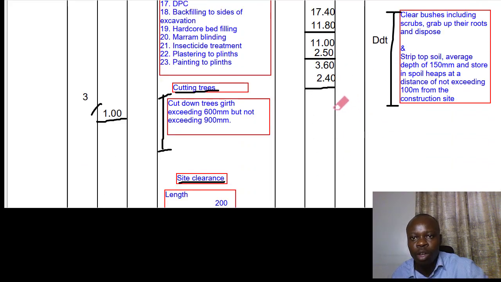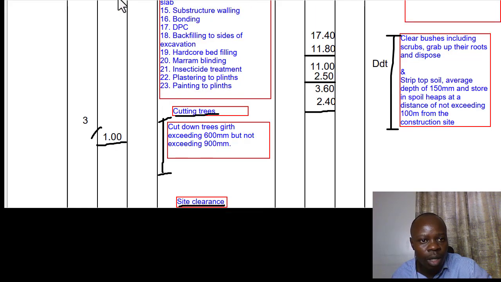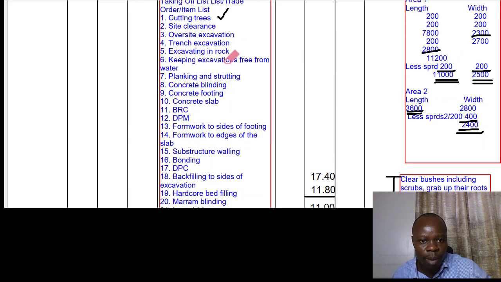So let's see from our taking off list that we've done, what we have covered and what not. We've covered cutting trees, we've also covered site clearance, we've also covered oversite excavation, both of which are supposed to be done in square meters, and we've already shown the calculations from what we've covered.